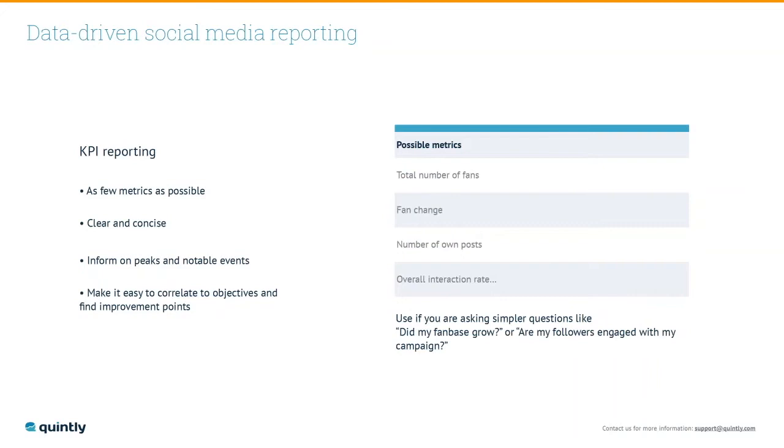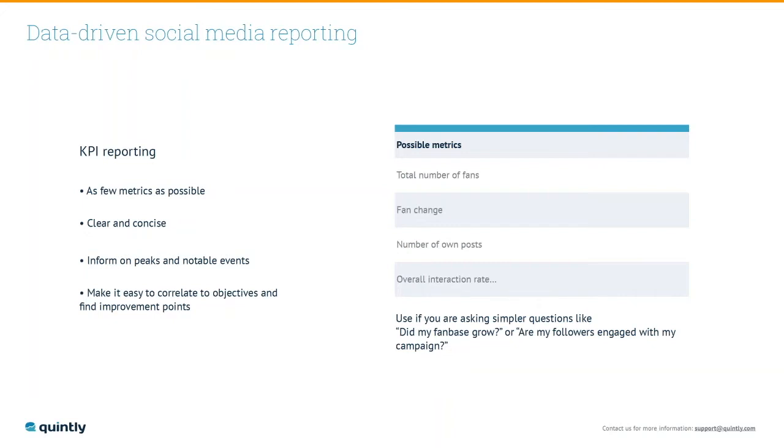What you should always be clear about is that if you're starting off with this process, always start off as simple as possible. Take as few metrics as possible and make it very clear what you are trying to get out of it. The most important part about reportings is that reports always reflect whatever you were thinking about in the campaign.